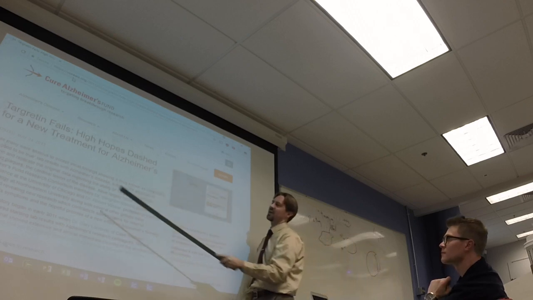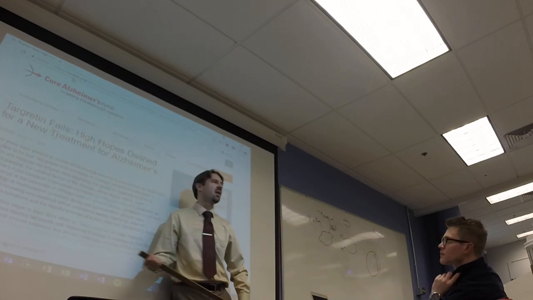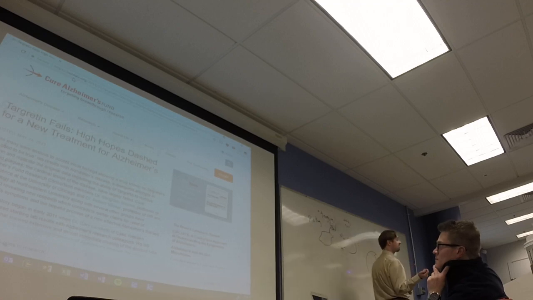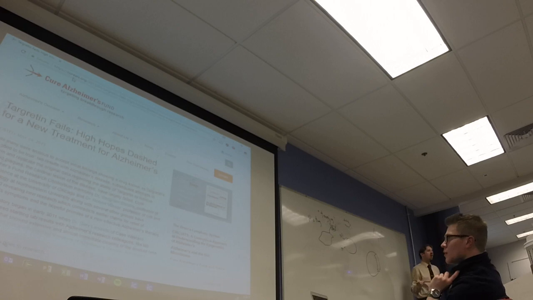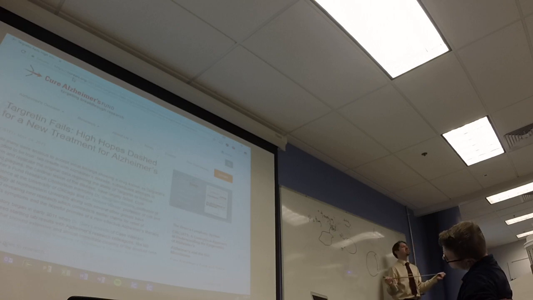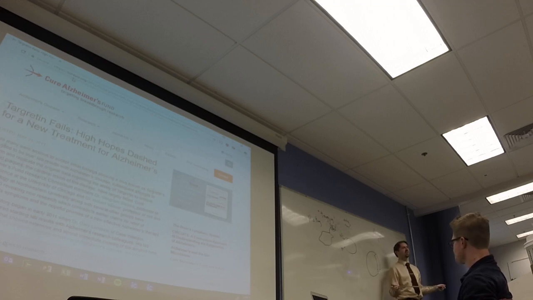And one of them was this Targretin. And the problem that soon became apparent, this was 2 years after the paper, is it does seem to do that in mouse models of Alzheimer's disease. It doesn't seem to do anything in actual Alzheimer's disease in humans.